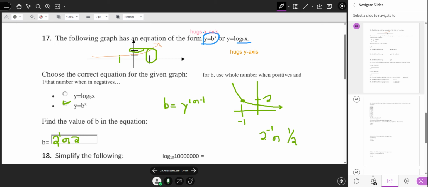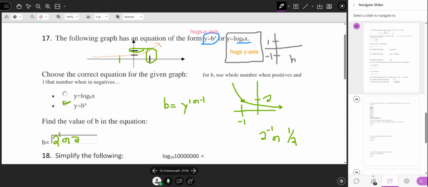Then the other piece of information is, the same idea, if you've got the y values, you're going to look at 1 and -1 this way.